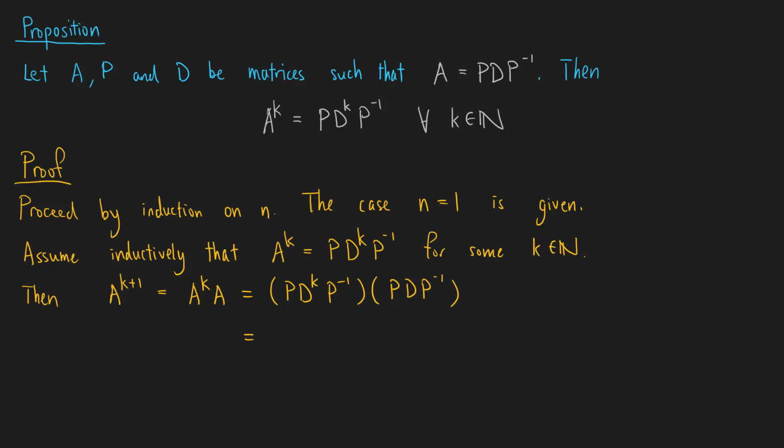By associativity, this equals P times D to the power K times bracket P inverse times P times D times P inverse. Since P inverse times P equals the identity matrix, this equals P times D to the power K times D times P inverse, which equals P times D to the power K plus 1 times P inverse, and this completes the proof.